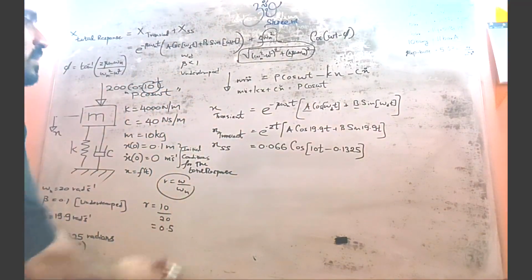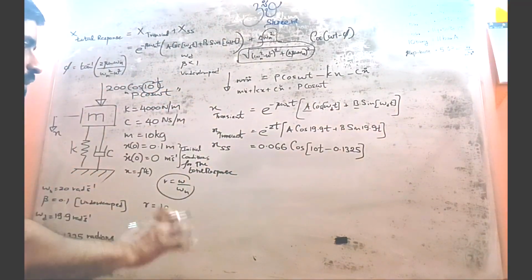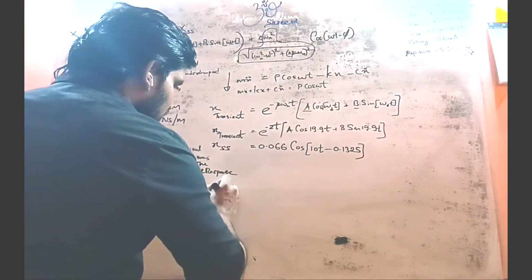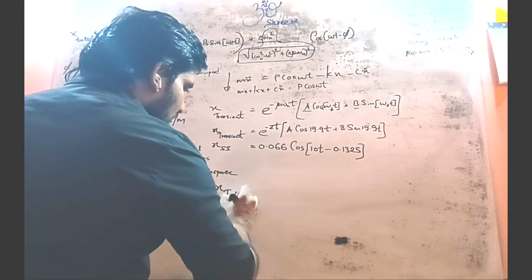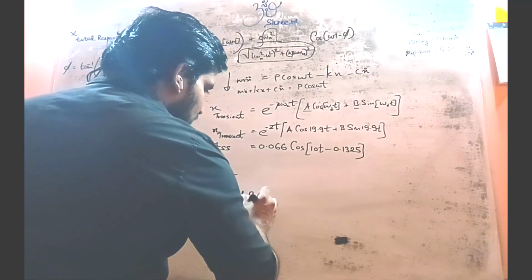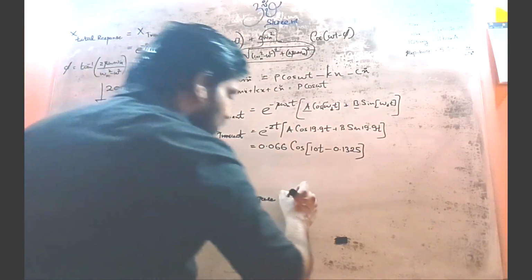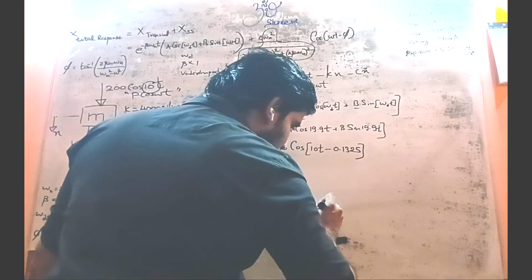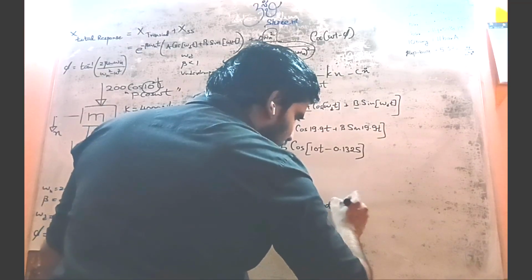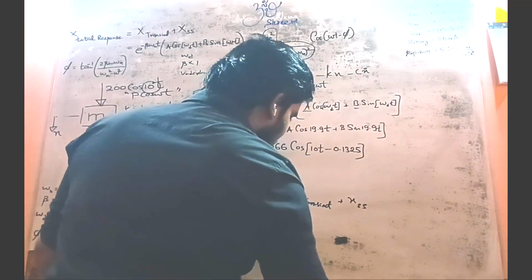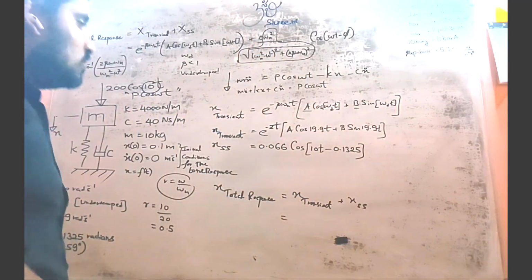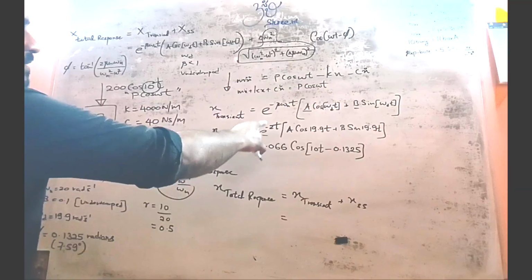So now we'll complete this part with the total response. Let's say x total response equals the transient response plus x steady state. This part we know.